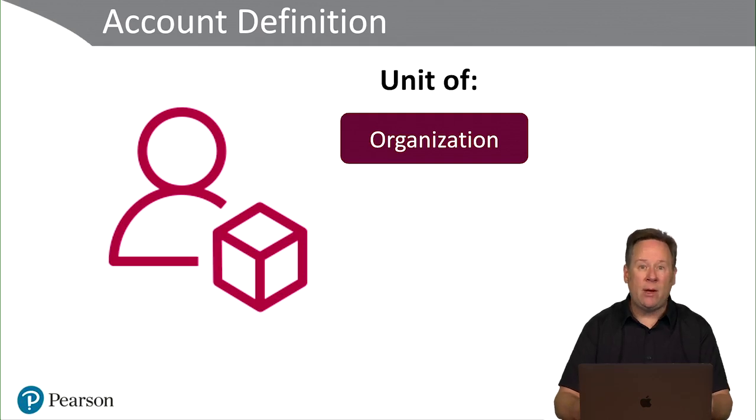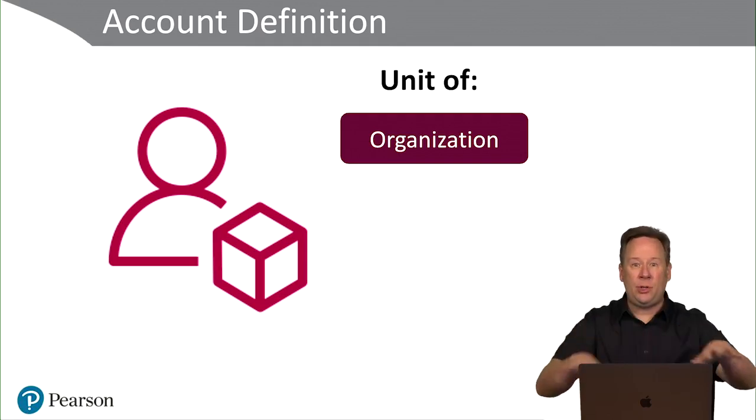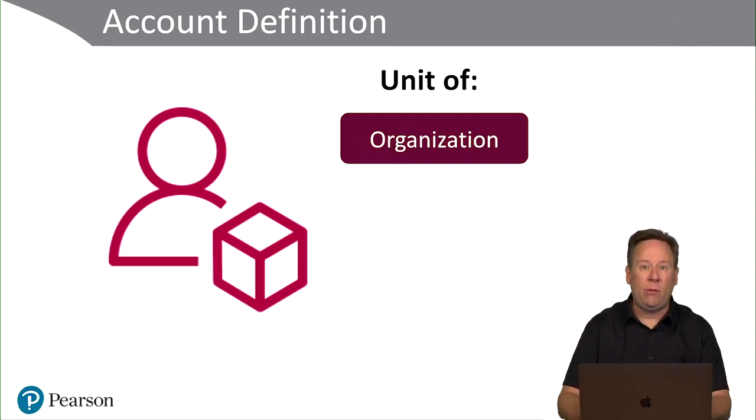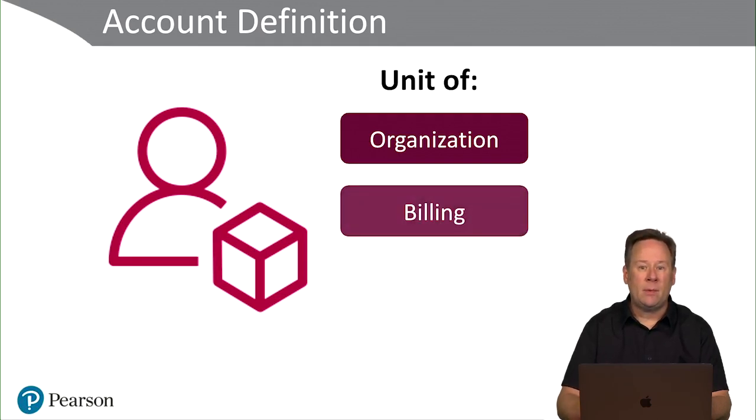And using a service like AWS Organizations, you can actually create an inverted tree of accounts and treat them like organizational units. It is also a unit of billing. There is a monthly bill that is associated with every AWS account.